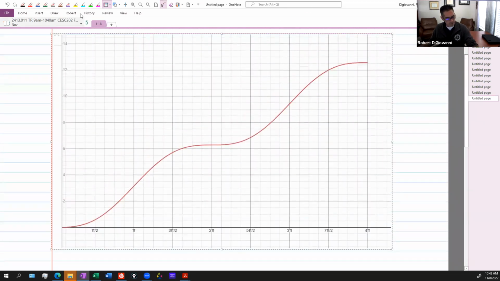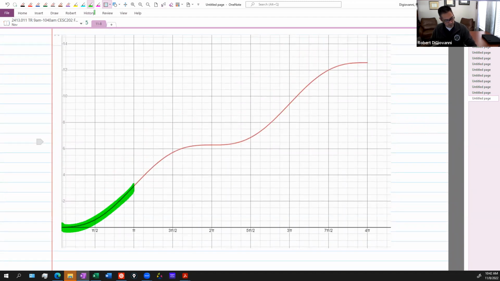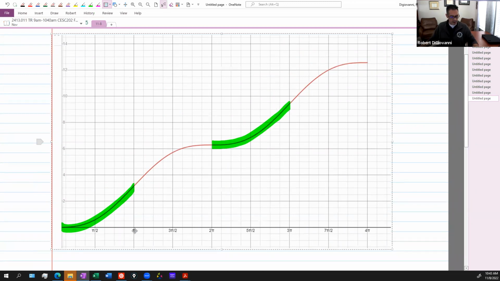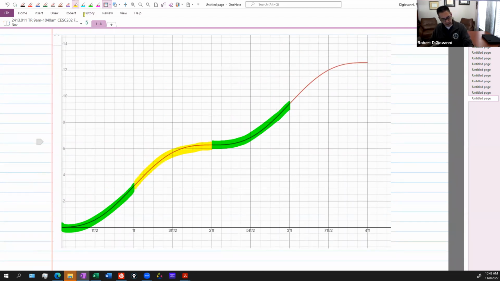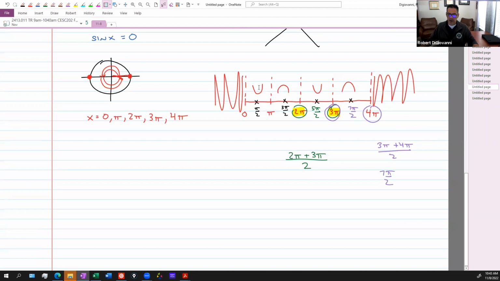Yeah, now you can see it though, because you got smile to there, smile here. Notice between 0 and pi, you're concave up, between 2 pi and 3 pi, you're concave up. And then you're concave down from pi to 2 pi and 3 pi to 4 pi, which is exactly what we got here. Concave up, down, up, down.